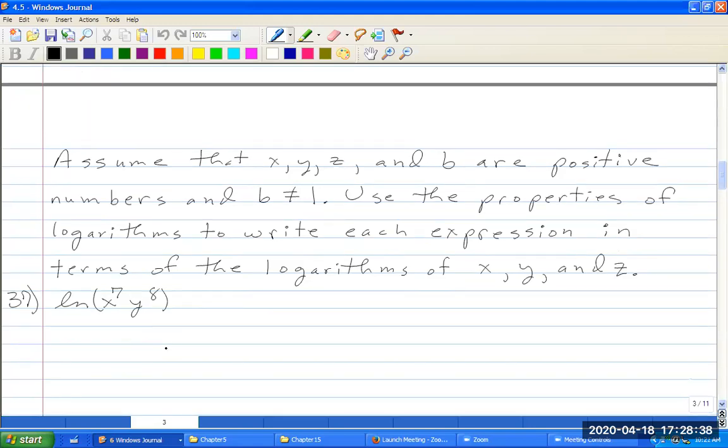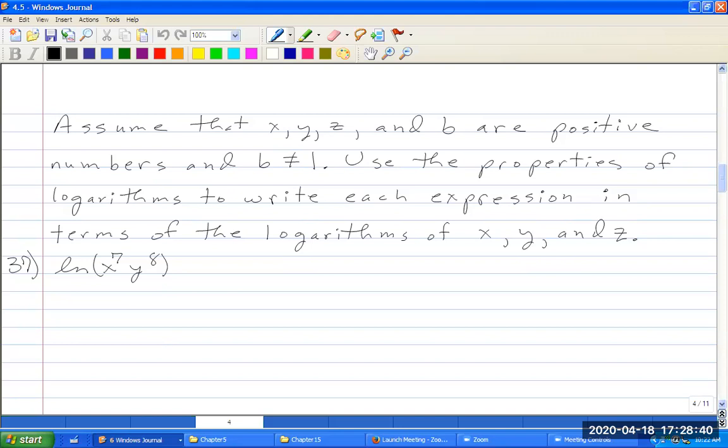Recall, the log of a product is the sum of their logs. And if you have an exponent, you can bring exponents out in front of logarithms. So let's rewrite this. I will bring the 7 outside. Since we're multiplying, I'll just put a plus.